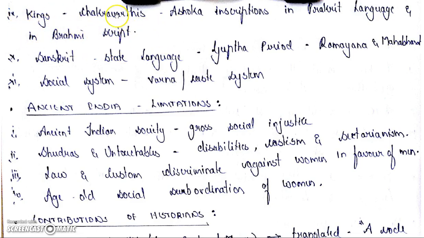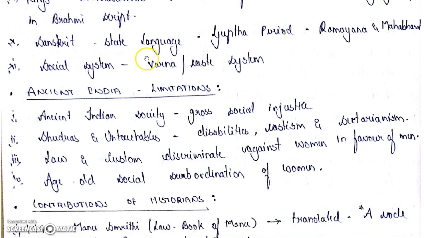Even Ashoka is one of the Chakravartis who conquered a major part of India, and his inscriptions were written in the Prakrit language and in Brahmi script. His inscriptions were spread all over the country, and they paved the way for knowing ancient India, right? These inscriptions helped archaeologists find many facts about ancient India and its culture.